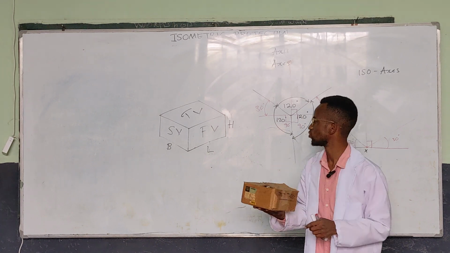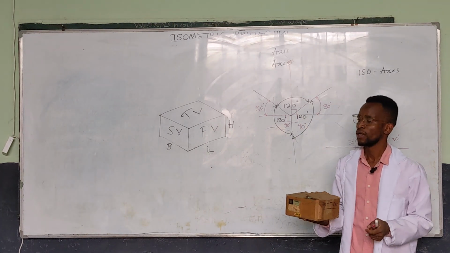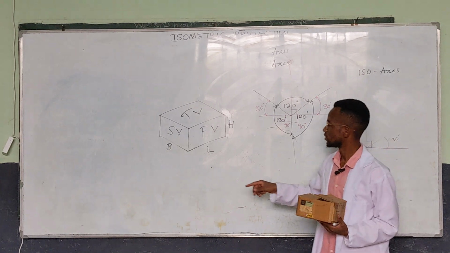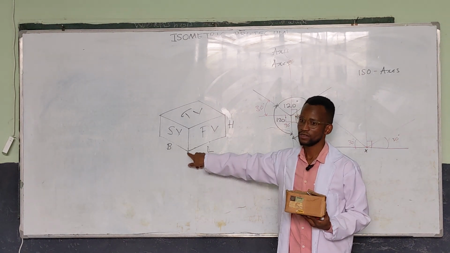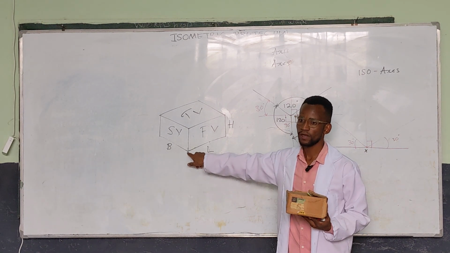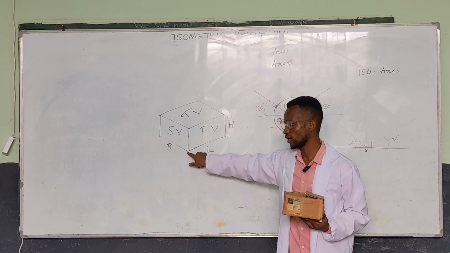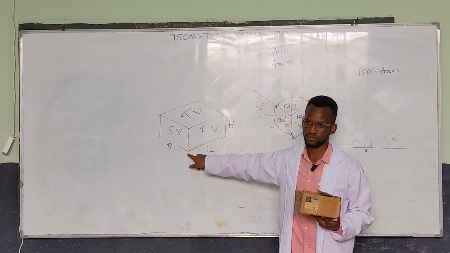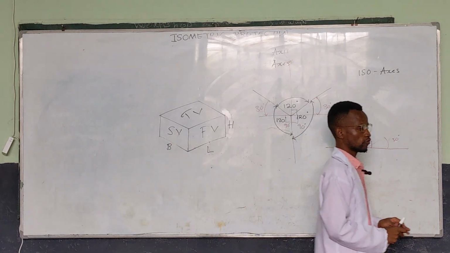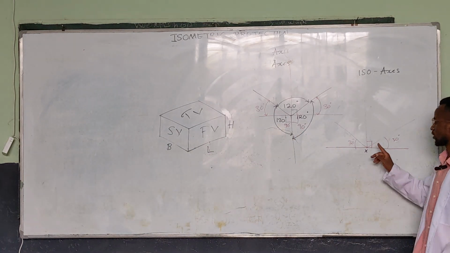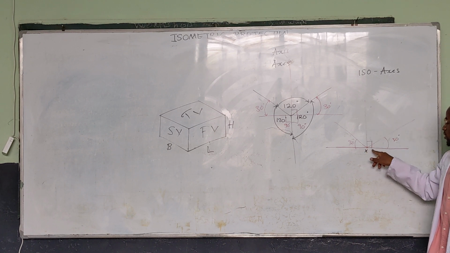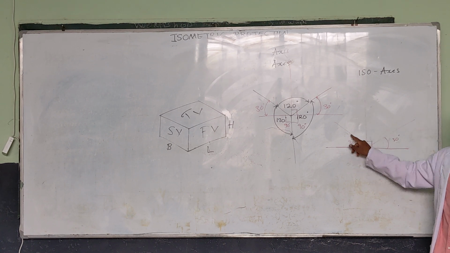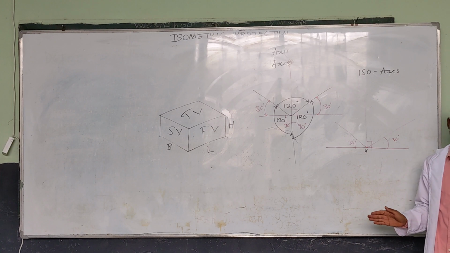But when you compare it to an isometric object, the isometric object seems to be sitting from each corner here. Have you seen this corner here? This corner is what is called the lowest point. The basis of every isometric drawing is you identify the lowest point and then you draw the three axes.